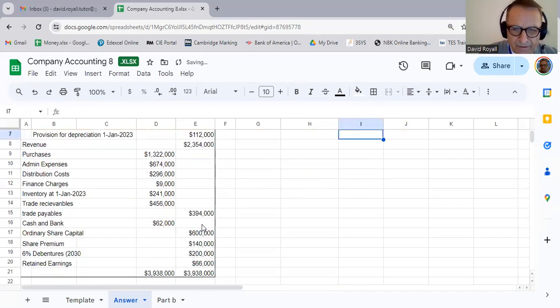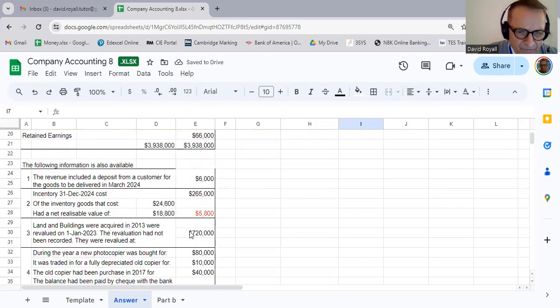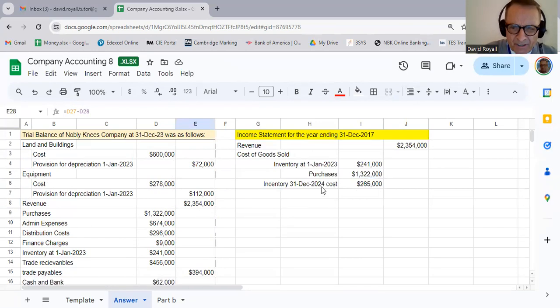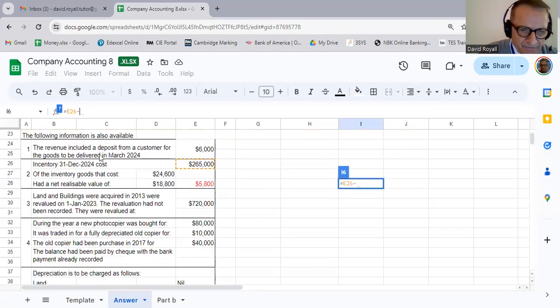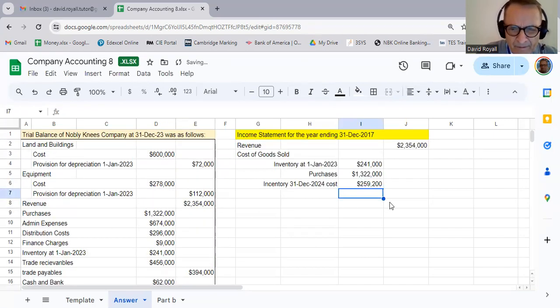But conveniently, we've already worked out the fact that the stock isn't as valuable as we thought it was. So what I've got to do is the inventory is not what it was, because I'm going to take away from that inventory this figure here. Okay, which now gives me a more accurate value of the closing stock.